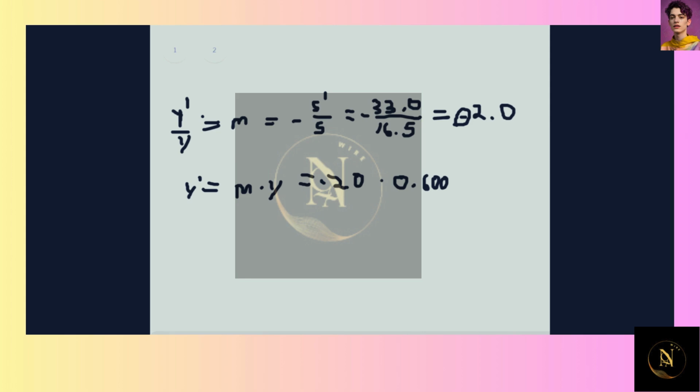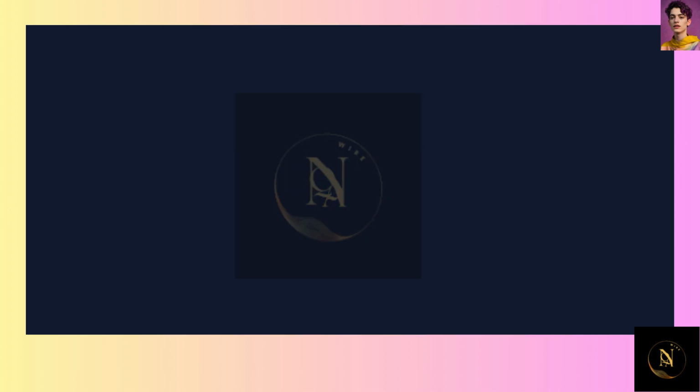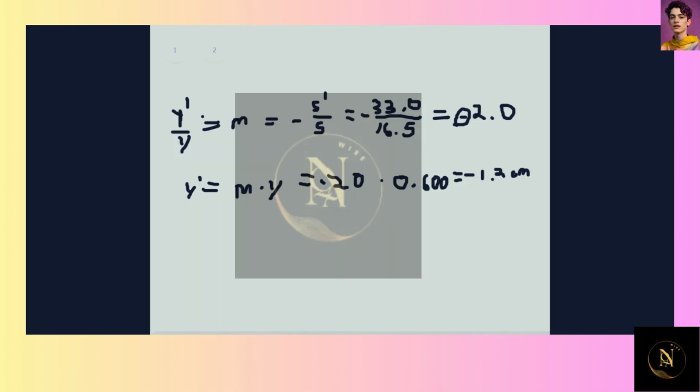Now we multiply this out, and we get that our image is the size of 1.2. Now this is in centimeters. Now we still have the negative sign because the negative sign refers to the image being inverted compared to our original object.